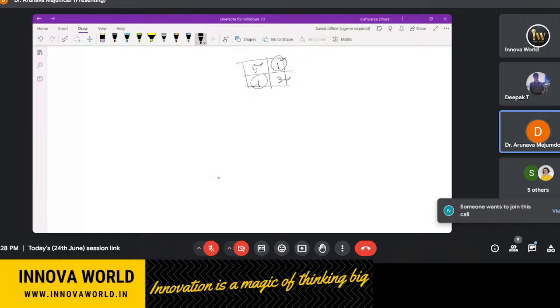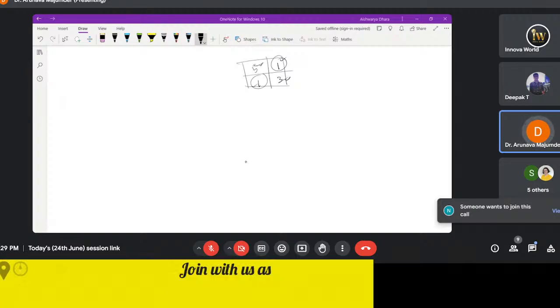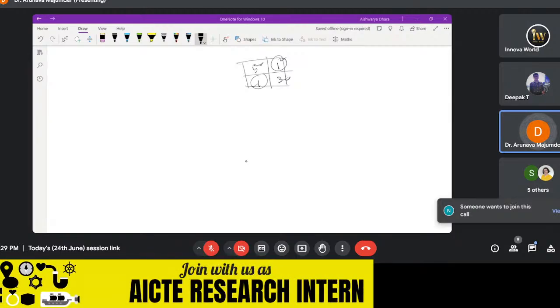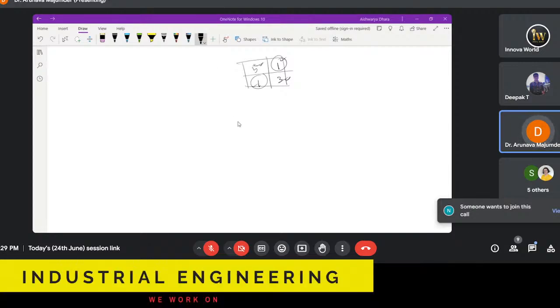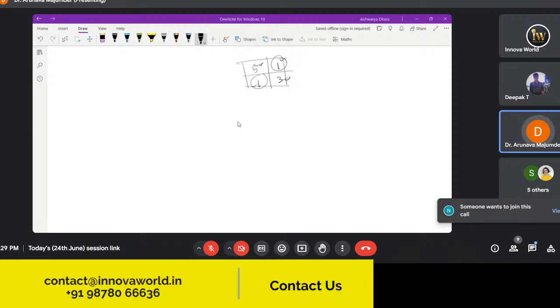There are metrics like accuracy, precision, F1 score, and recall that we also need to calculate.